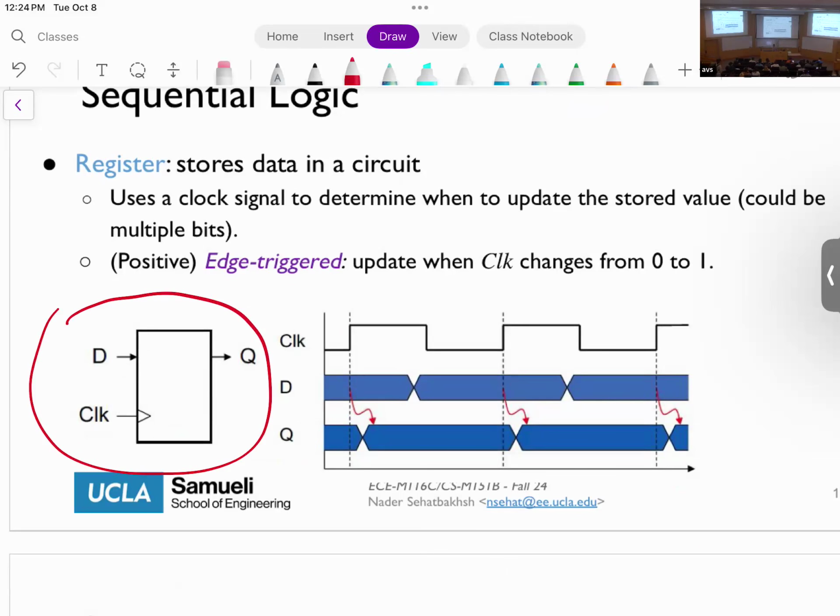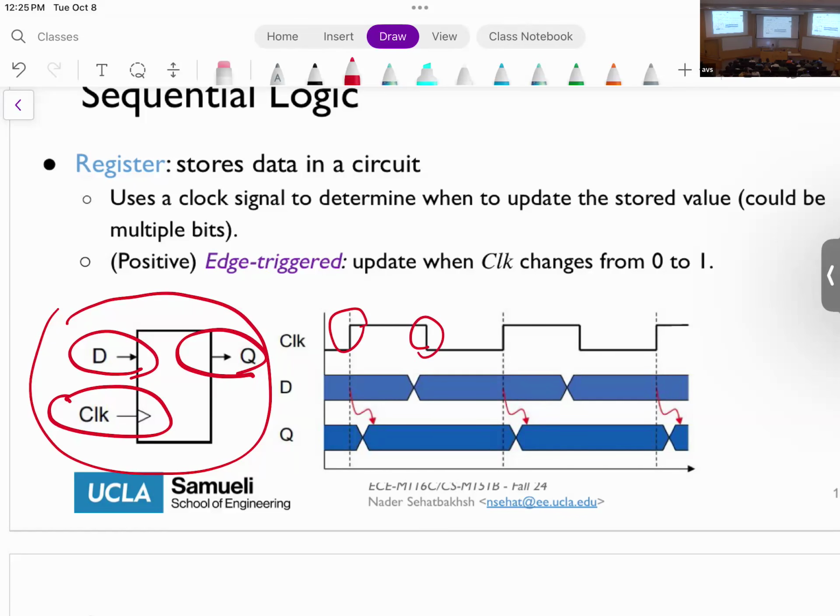A register at its very bare bones has 2 inputs. It has the data input, and it has a clock input, and it has an output we typically show as Q. Registers are typically edge triggered, which means that once either the positive edge or negative edge of the clock comes, the data from D will be sampled into Q, right?